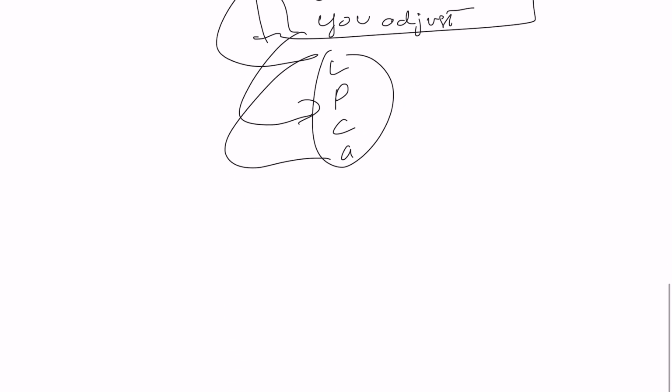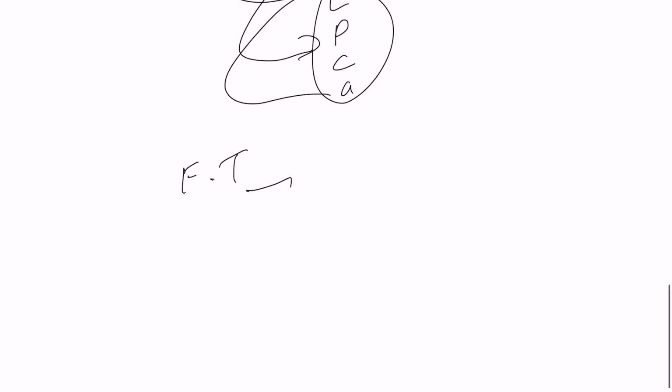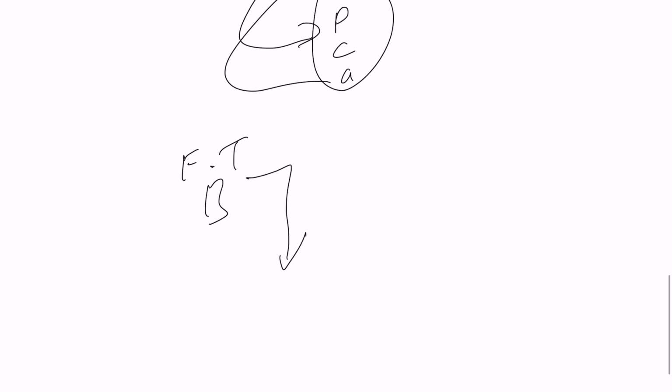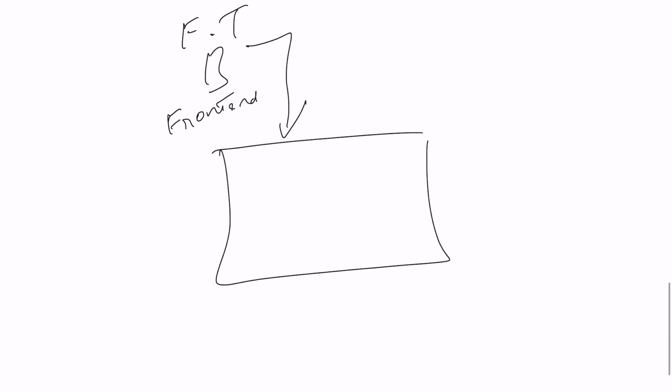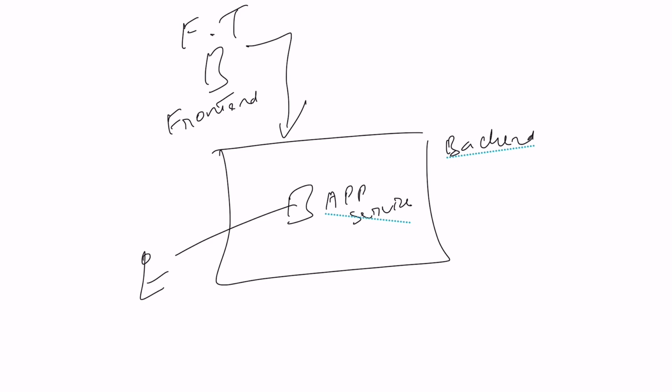Let's say you are doing a fund transfer. At the back end, what has happened, if you can go to my system design series, you'll understand that whenever you are doing a fund transfer from your mobile app, we call it a front end, then there is a back end where you have some kind of an application service running, which is developed by a developer.